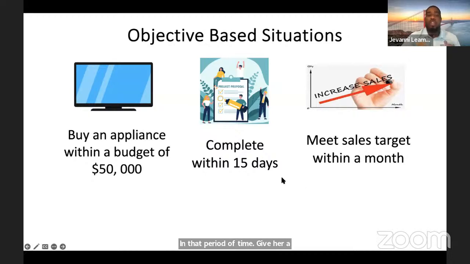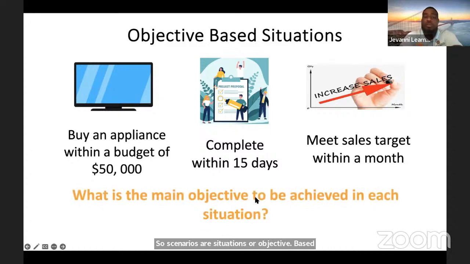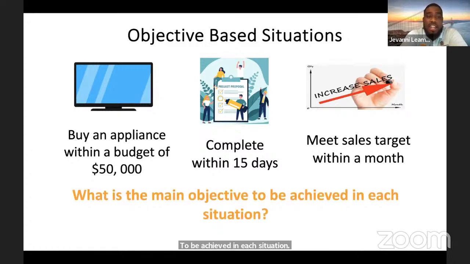Now, from these three real life, objective-based situations, we want to ask what is the main objective to be achieved in each situation. For the first one, buying an appliance within a budget of 50,000, what is the main objective to be achieved?